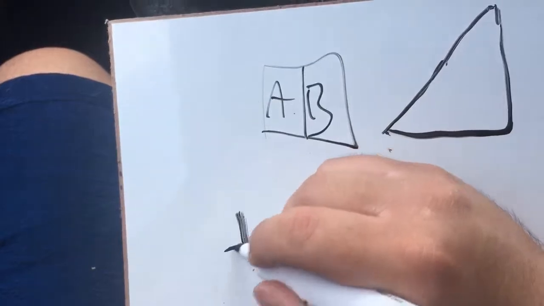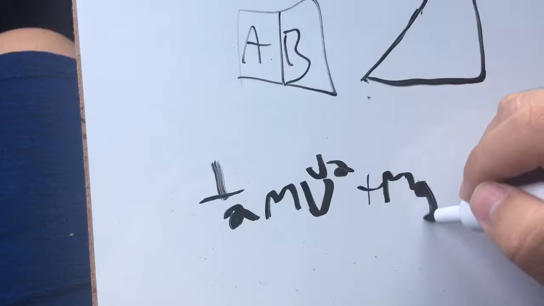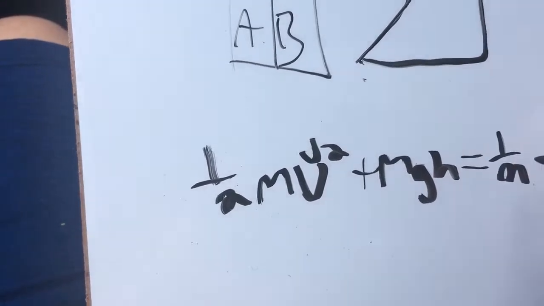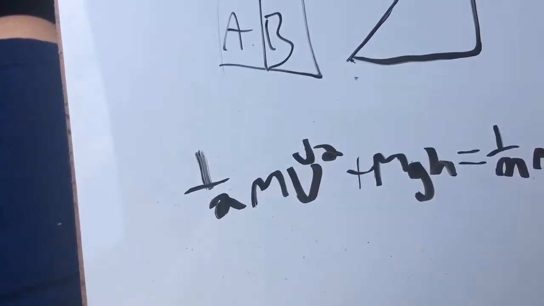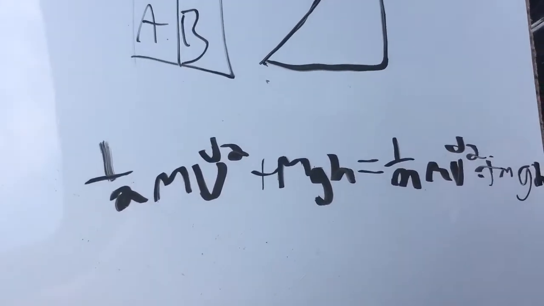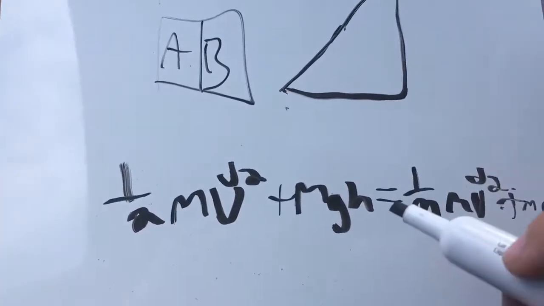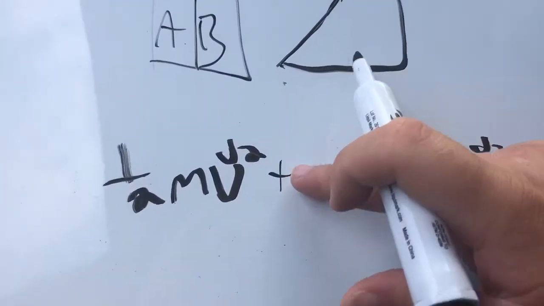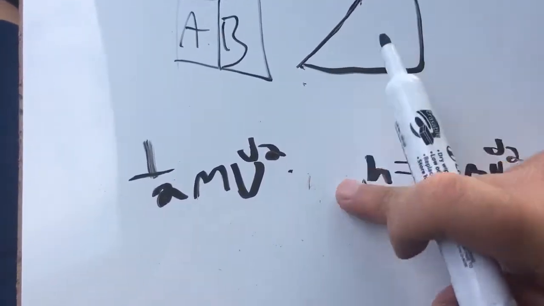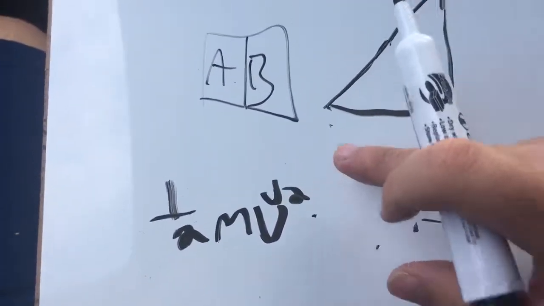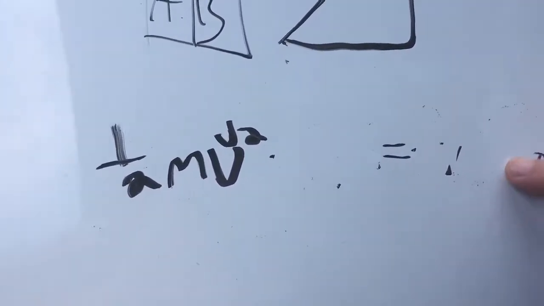That's half mv squared plus mgh is equal to half mv squared plus mgh. So these masses just cancel. Well, first of all, it starts off with some kinetic energy and no potential energy, this double block right here, and it ends up with zero kinetic energy and some potential energy.